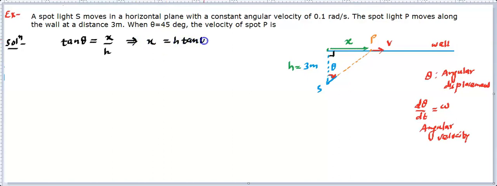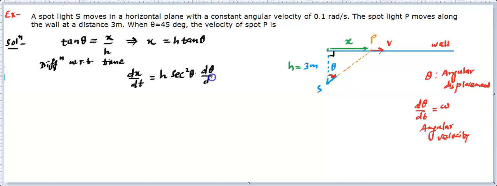Now theta is a variable, h is a constant, but still we need to differentiate it with respect to time. That differentiation leads to dx by dt is equal to h times the derivative of tan theta. Tan theta goes to sec square theta, and d theta by dt, because theta is a variable.